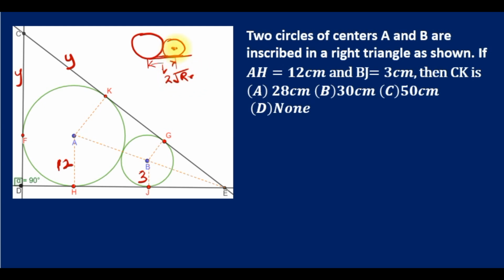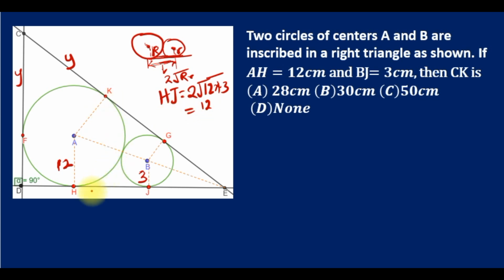Assuming the radius of this small circle is small r, while the big one is big R. So HJ is 2 times the square root of the product of their radii, so 12 and 3. So 2 times square root of 36, 6, so it's 12.